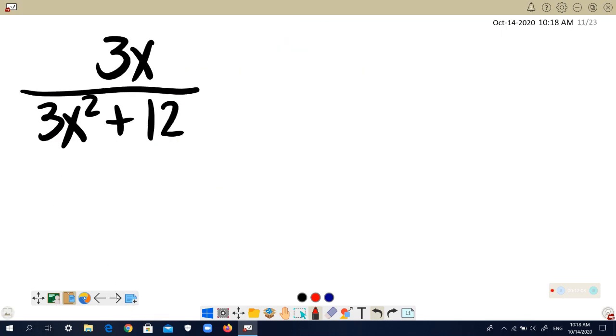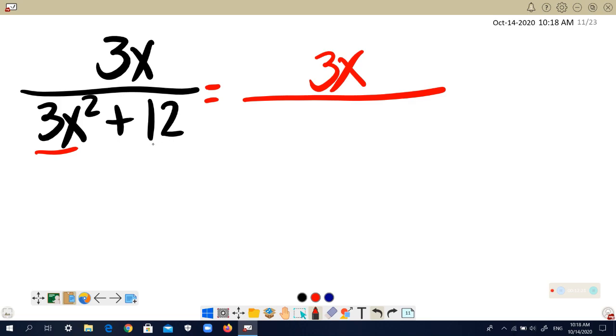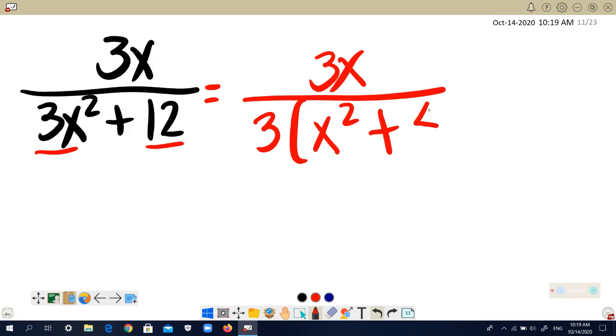Okay? For the next example, we have 3x all over 3x squared plus 12. Yes, you will just have to copy the numerator. Then the common factor of 3x squared and 12. Yes, you're right. It is 3. So 3x squared divided by 3 is x squared, plus 12 divided by 3 is 4.